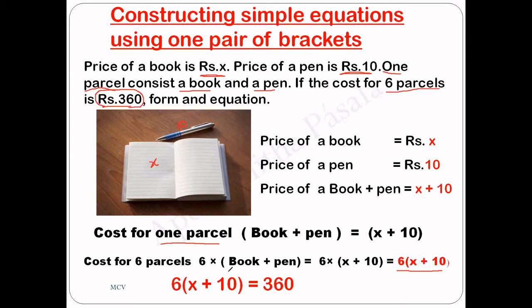If both left and right represent the same value, then you can combine that using an equation sign. So here what is the equation? 6 brackets X plus 10, 6 times X plus 10 equals 360. So this way you can build up any equation.